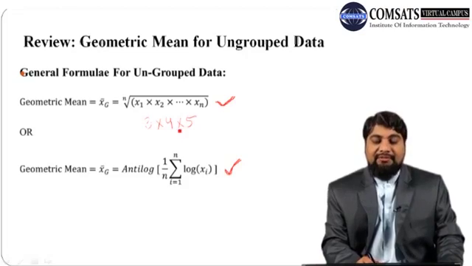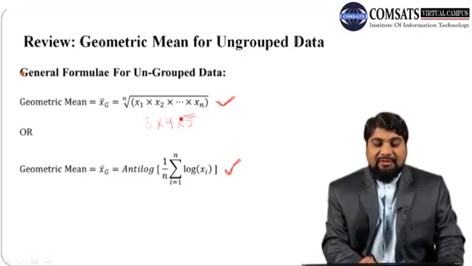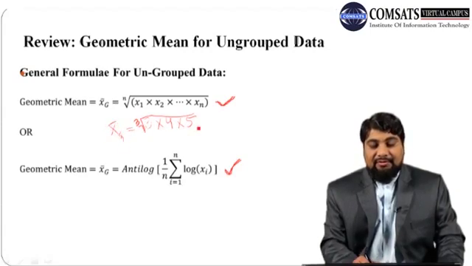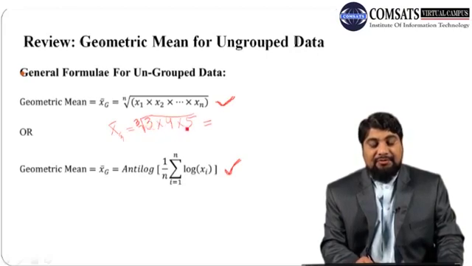In order to calculate the geometric mean, just take the product of these 3 numbers and take their cube root. So this is our geometric mean. 3 into 4 is 12, and 12 into 5 is 60.